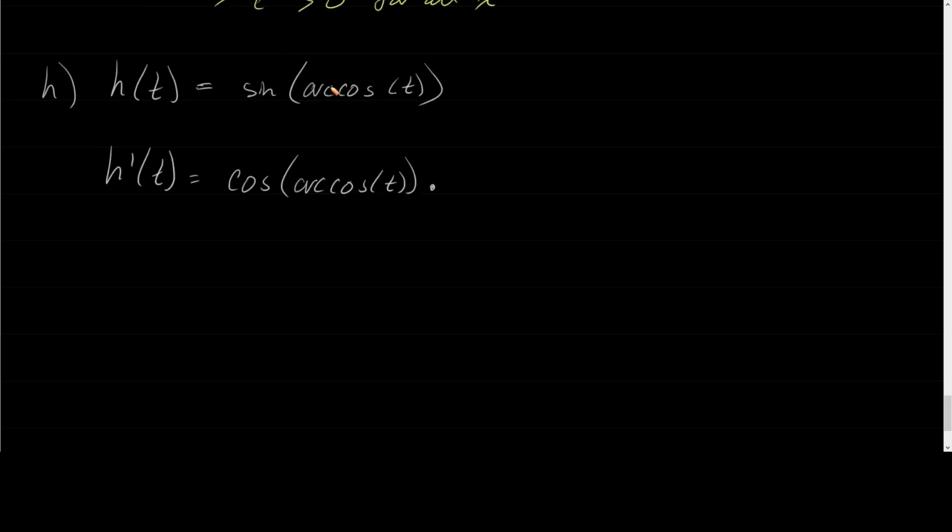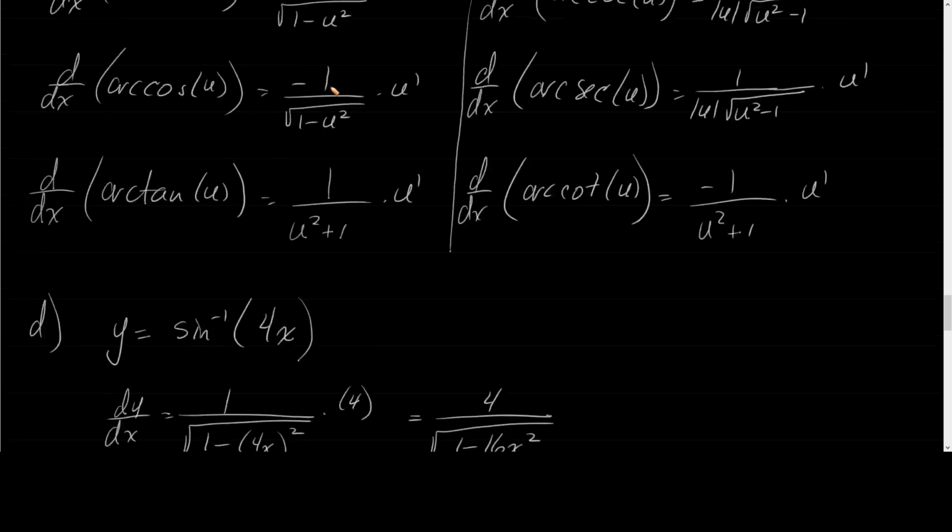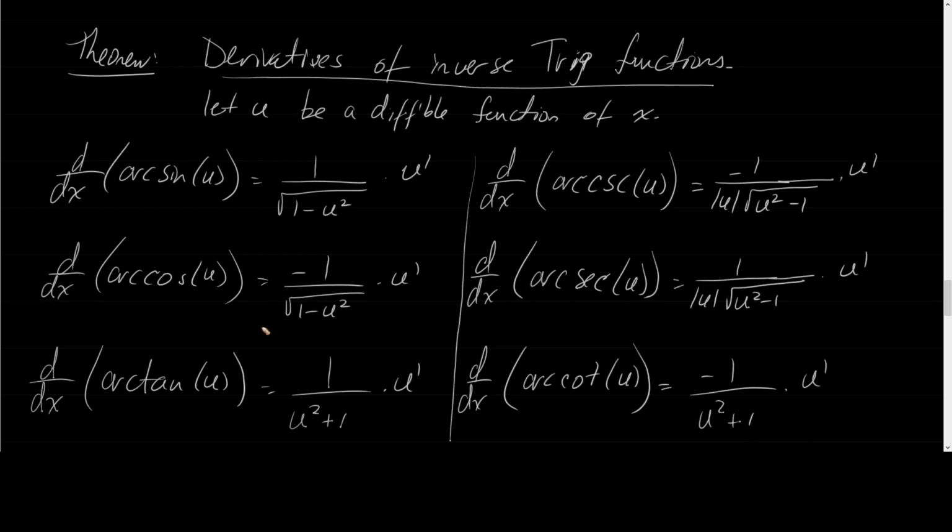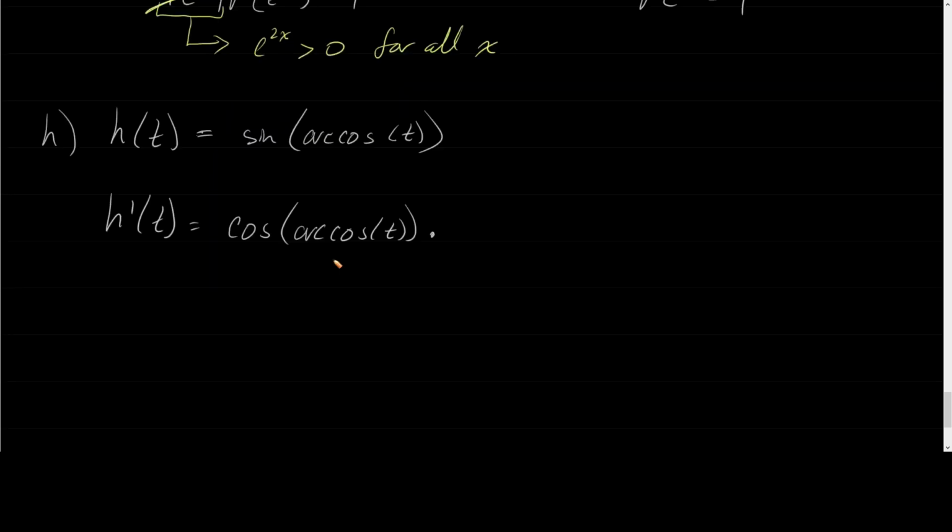Well, we just did that, but let me remind you what it was. It was negative 1 over, where is it? The square root, here it is. Negative 1 over the square root of 1 minus u squared. So in here, it's going to be negative 1 over the square root of 1 minus, well, we were working with t, so 1 minus t squared, all right?